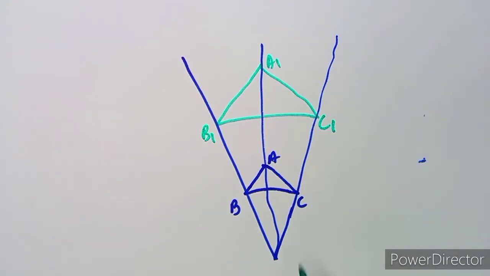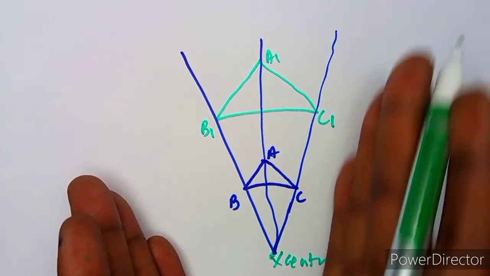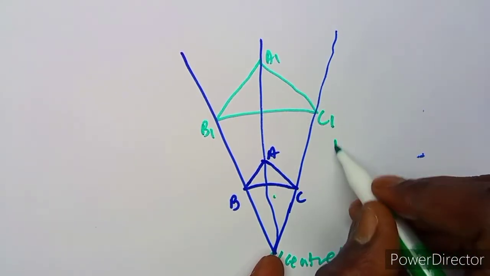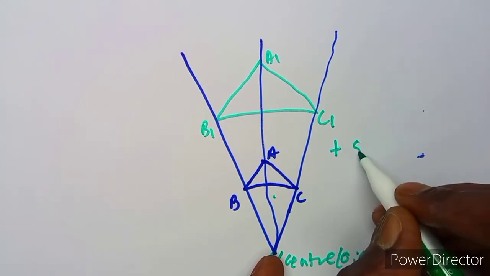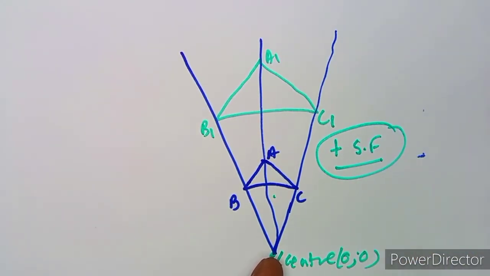When the center is here, maybe the center is 0, 0 or 2, 1, I don't know, but the object and the image are on the same side. This one is going to give you a positive scale factor.